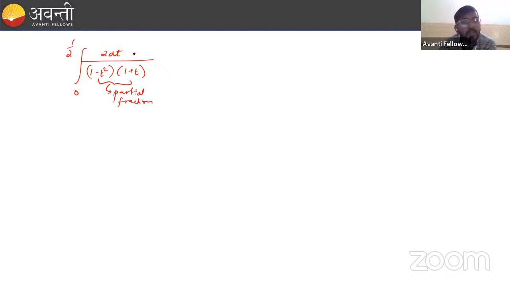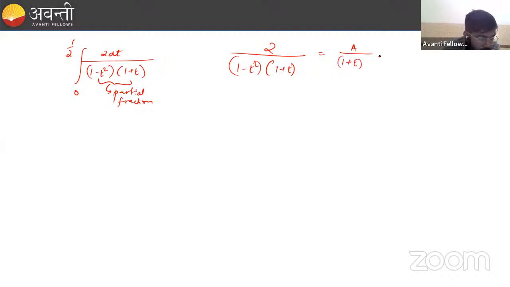So what I'll do is I will first of all write 2 upon 1 minus t square into 1 plus t as a upon 1 plus t plus bt plus c upon 1 minus t square, right?